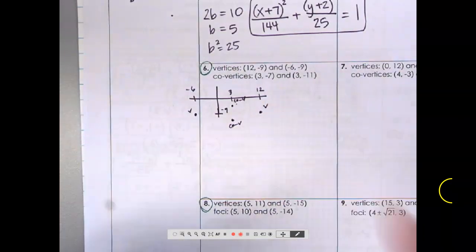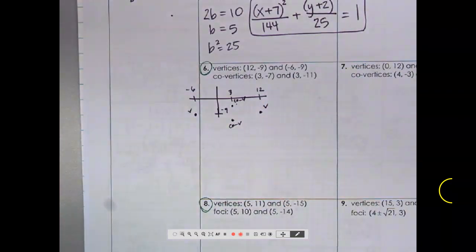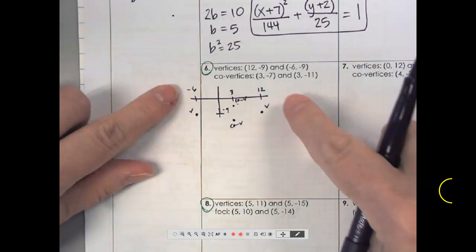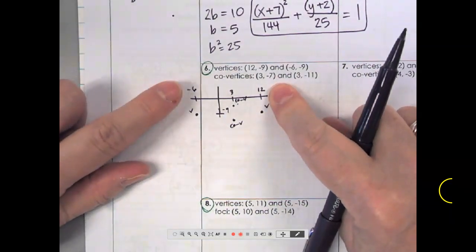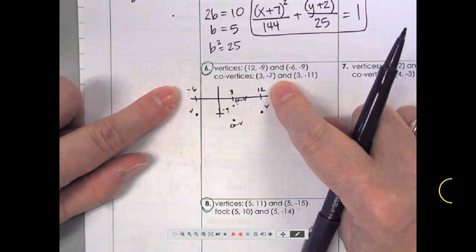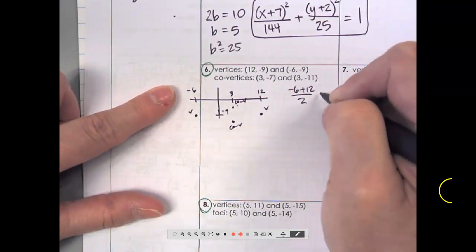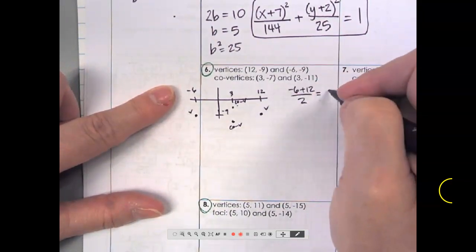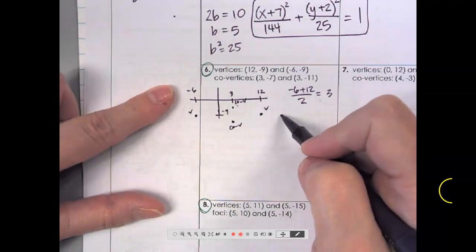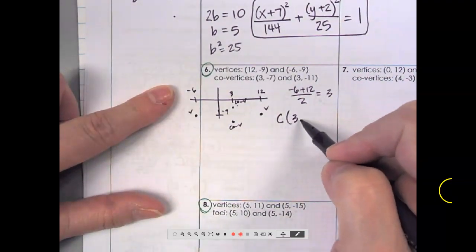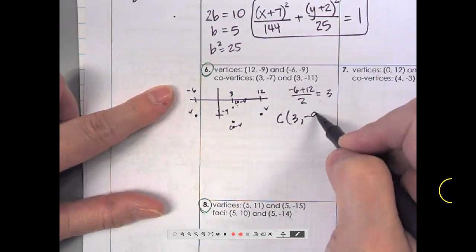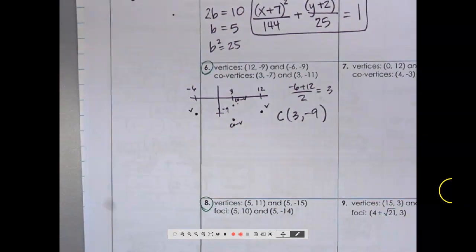If you want to know what's halfway between two numbers, you're just averaging them. So -6 plus 12 is 6. Divide by 2 is 3. So that tells me the center is 3, -9.